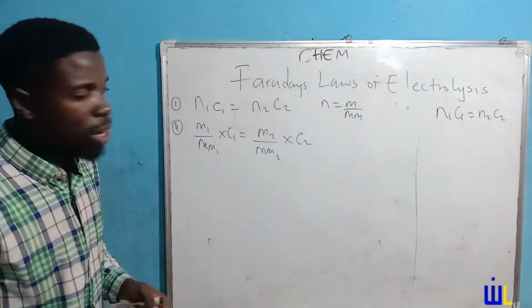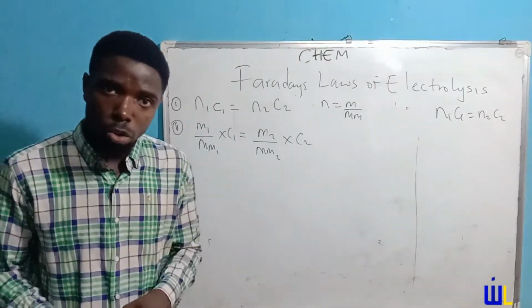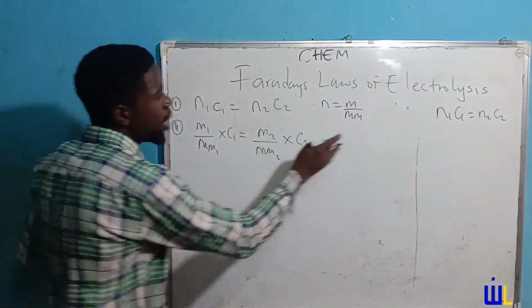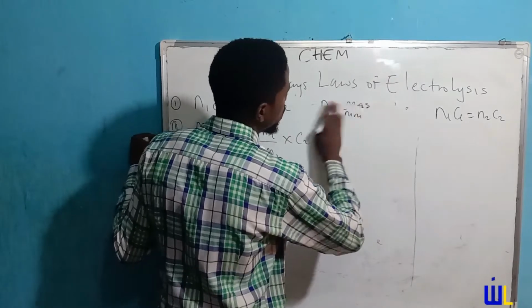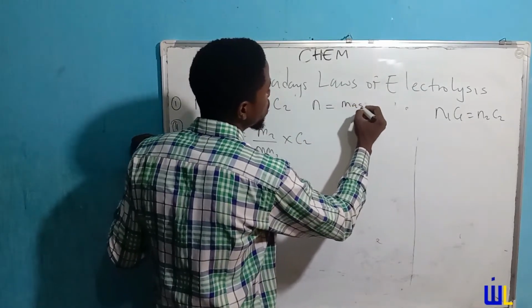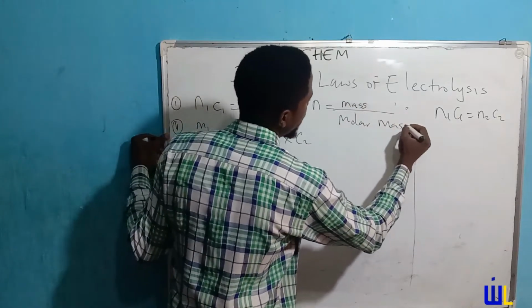And that's that. All I simply did to generate this formula was I have that according to stoichiometry, N is equals mass over molar mass. Let me put this down fully. Number of moles is equals mass all over molar mass.